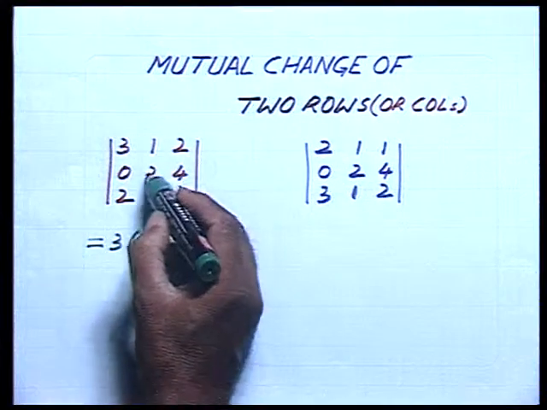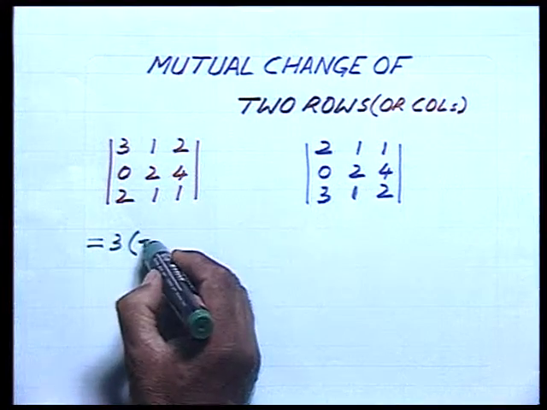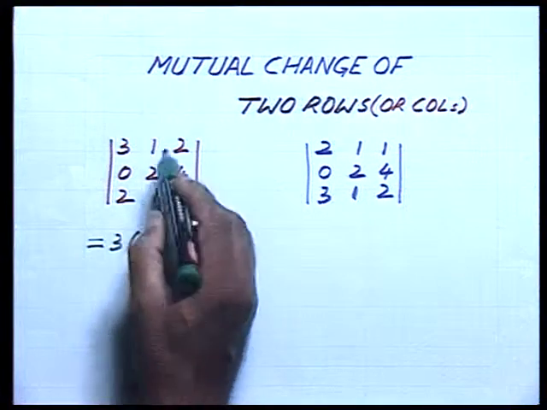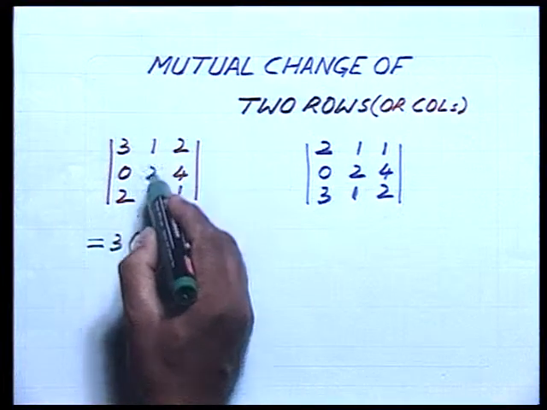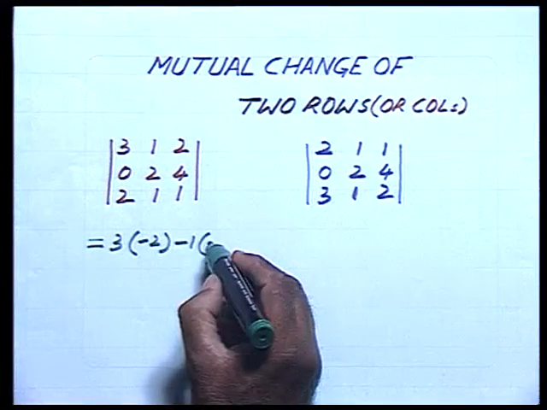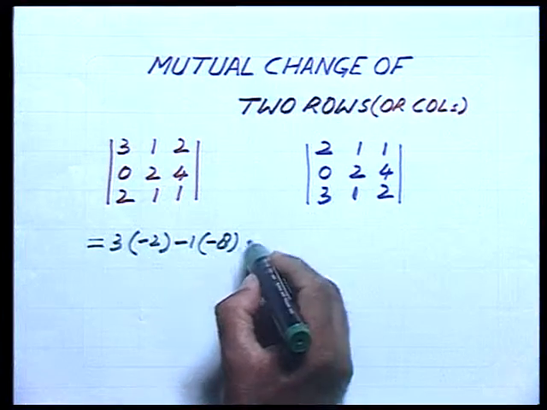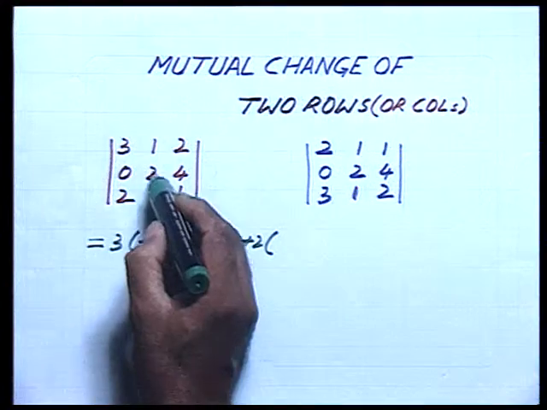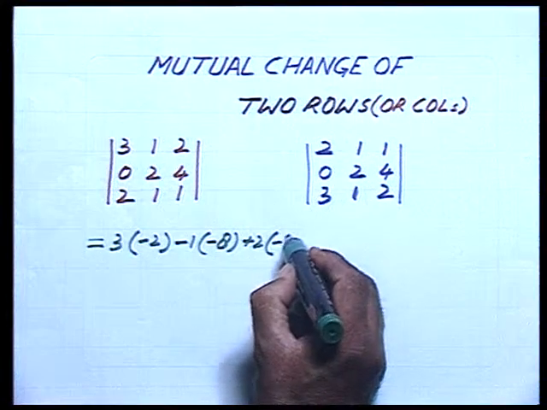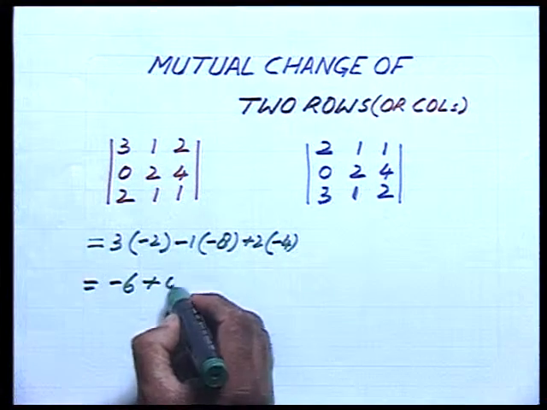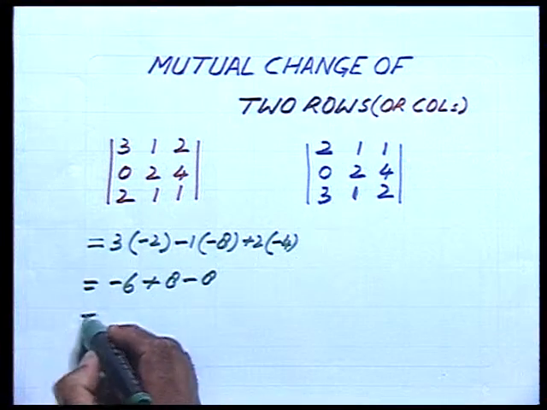Expanding by the first row, 2 1s are 2 minus 4, that is minus 2, minus 1 into, when you leave this and leave this, 0 1 0 minus 8. So, this is minus 8 and then plus 2, 0 1s are 0, 2 4s are 4. So, minus 4. This gives me the value minus 6 plus 8 and minus 8, which is minus 6.